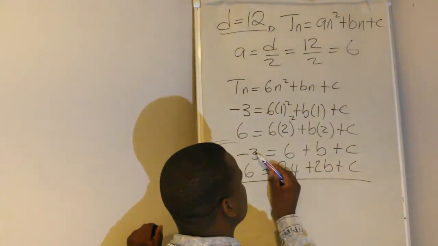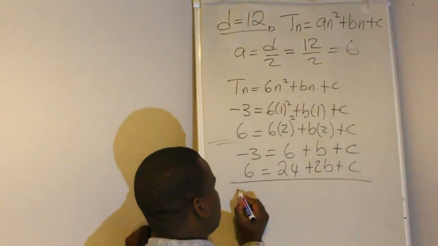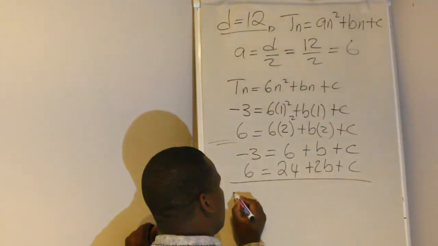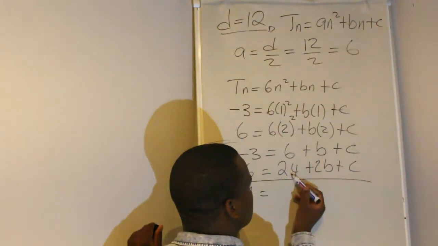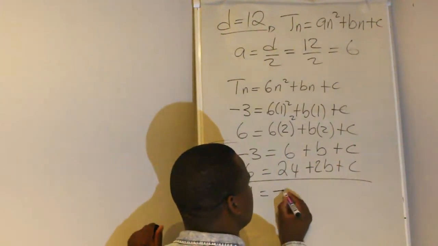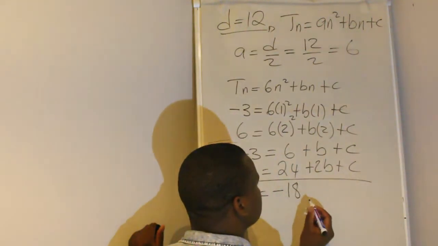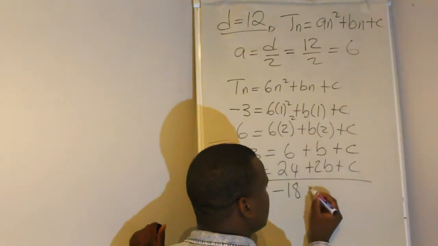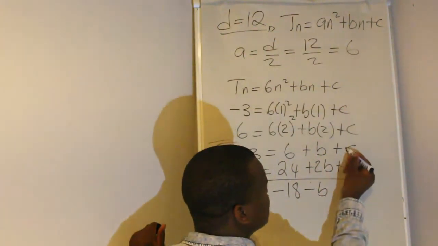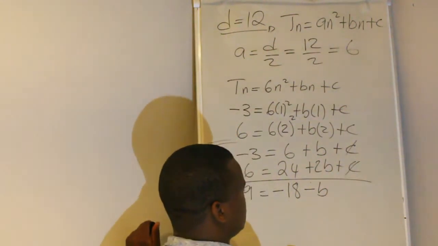So -3 minus 6 is -9, which is equal to 6 minus 24, which is -18, plus b minus 2b, which is minus b, and c minus c cancels out.